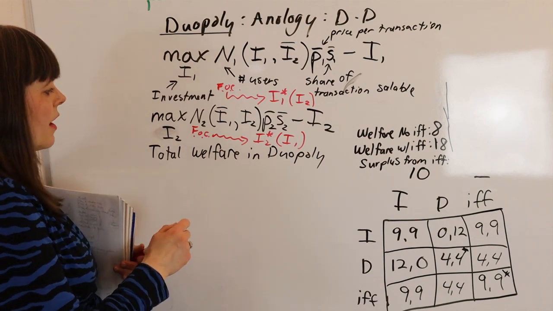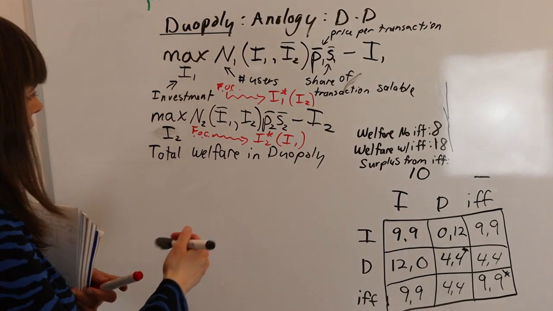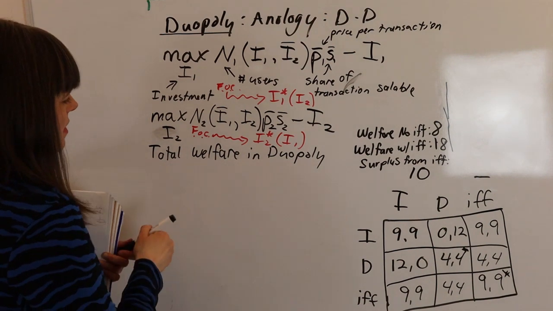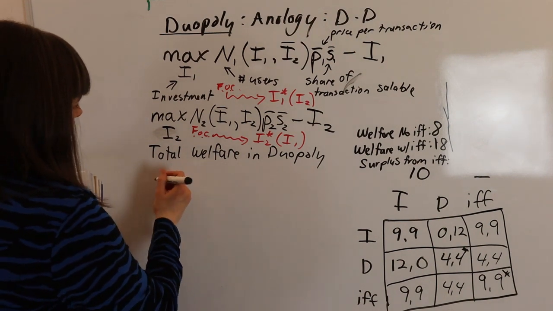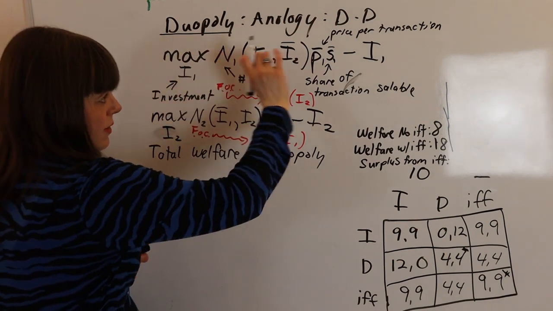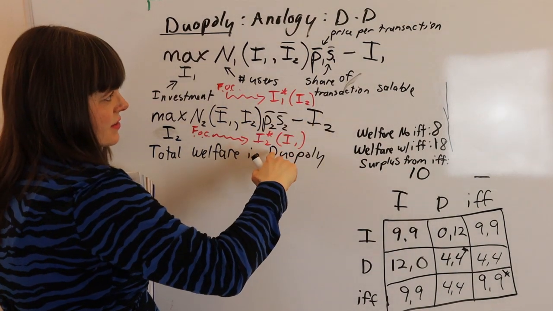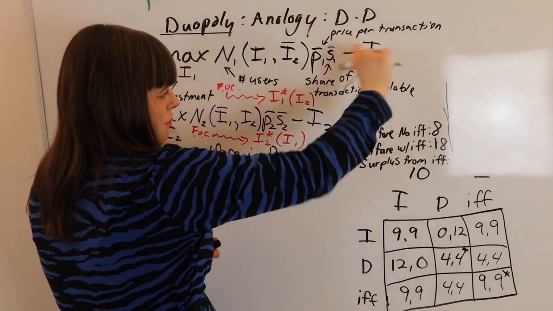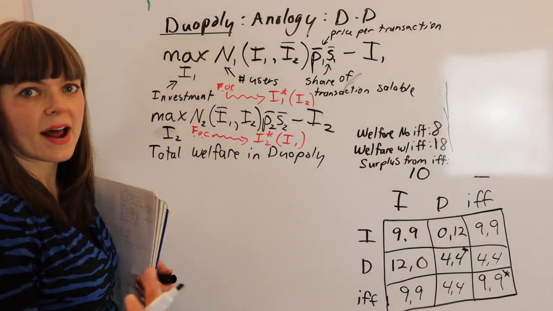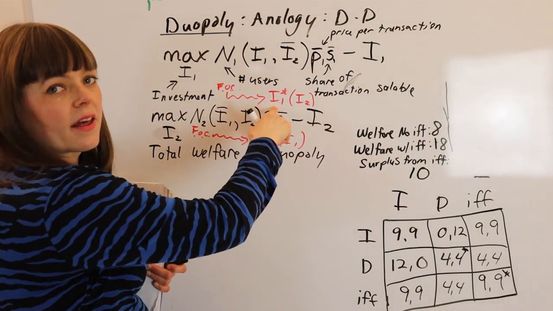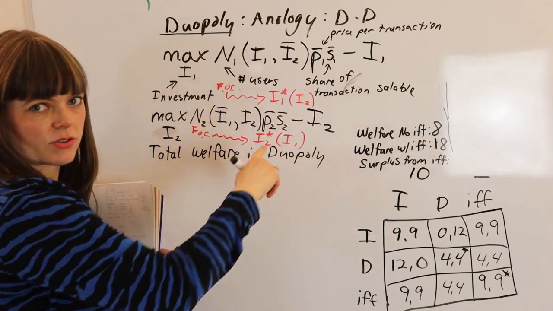So the optimal amount of welfare, or the total welfare at the end of this, is going to be the total profit of one player when you plug in this and this. We're basically taking the profit from one, profit from the other, and adding them up, plugging in the optimal choice as a best response to each other.